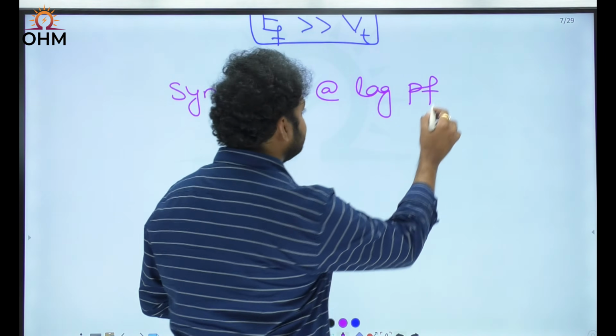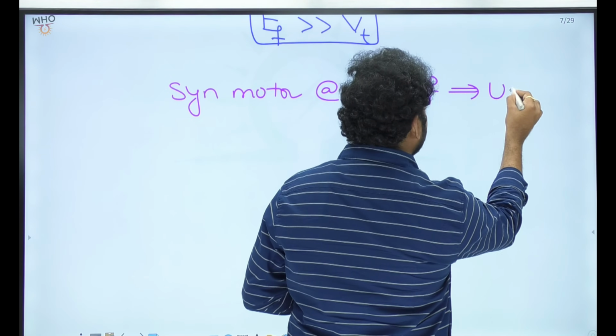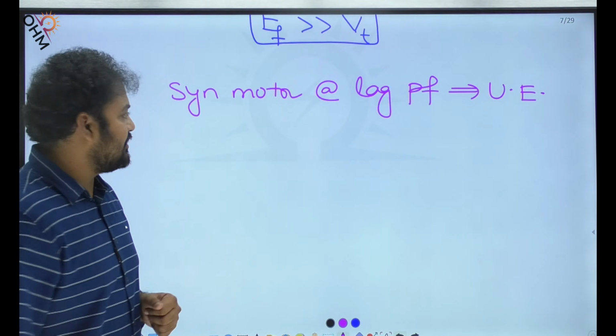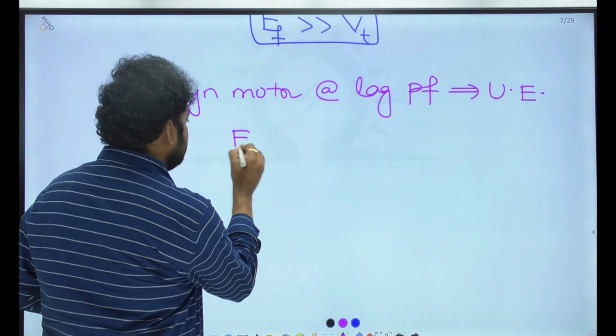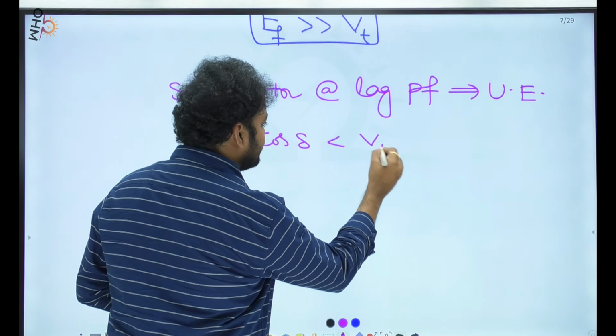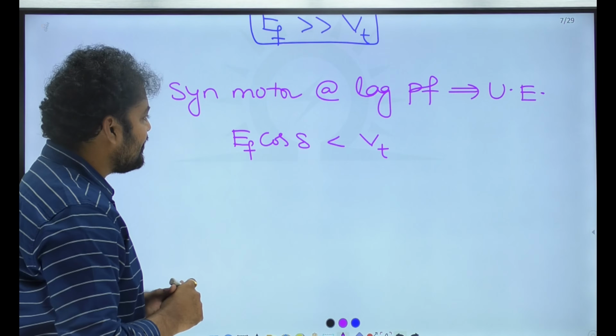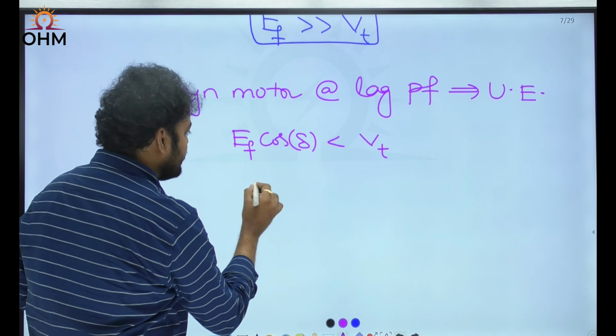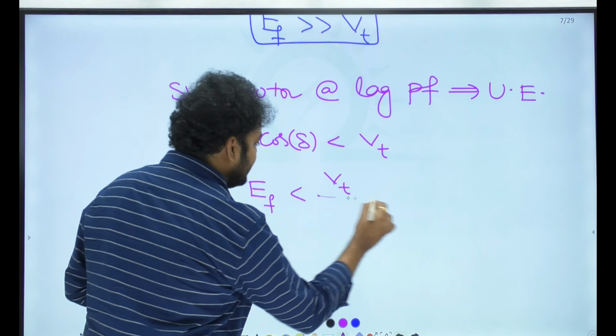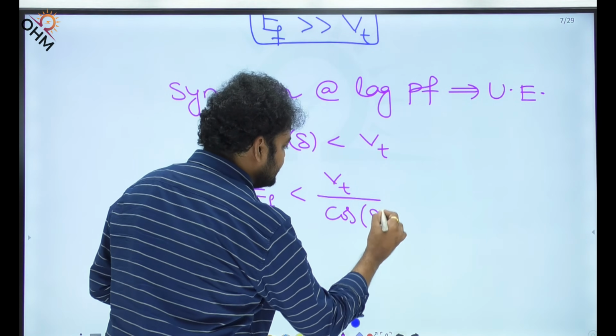Under excitation. When a synchronous motor is under excited, what is the condition? EF cos delta is less than Vt. Yes or not? EF cos delta less than Vt means what about EF? Therefore, EF will be less than Vt divided by cos delta.